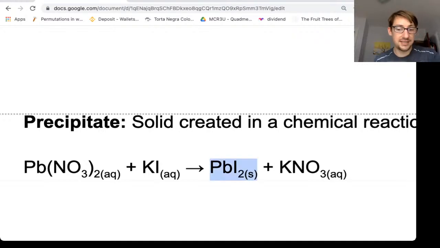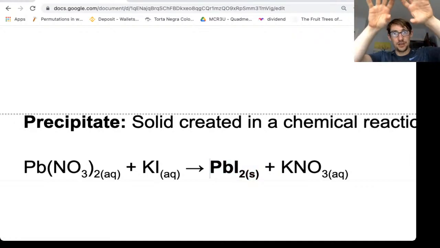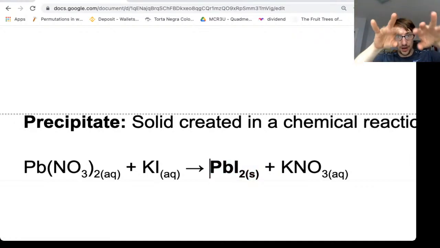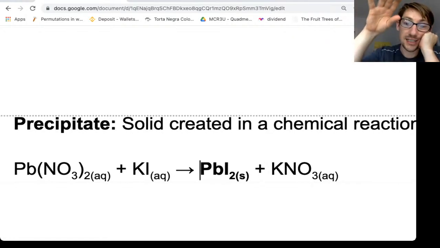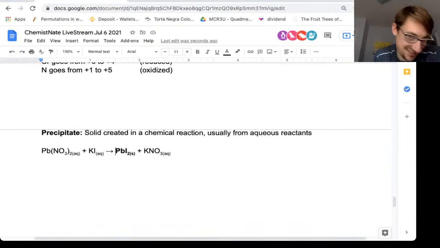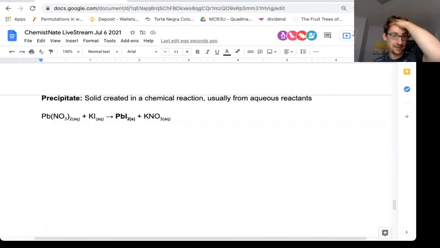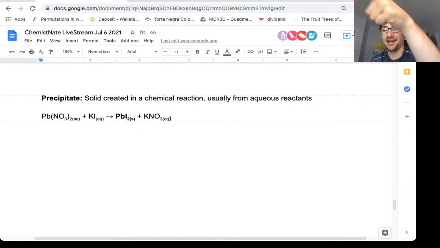It's called a precipitate, presumably because it will slowly fall out of the water and form a little powder on the bottom of your test tube, kind of like rain falling out of the atmosphere when it rains. That's it. If you're asking about precipitates, you're probably looking at double displacement reactions between two aqueous ionic compounds. Okay?